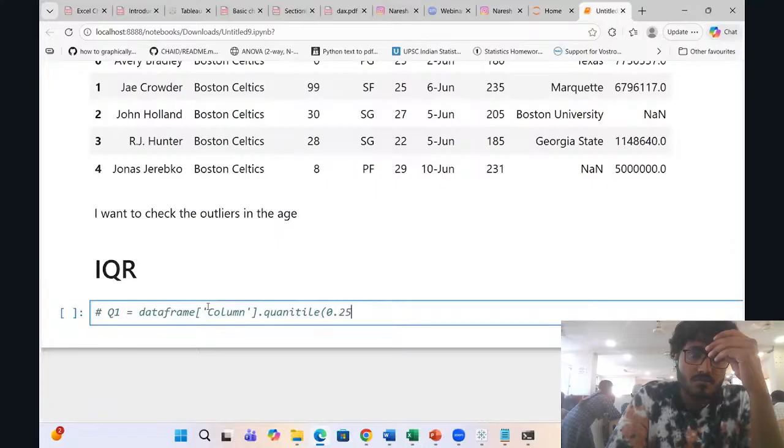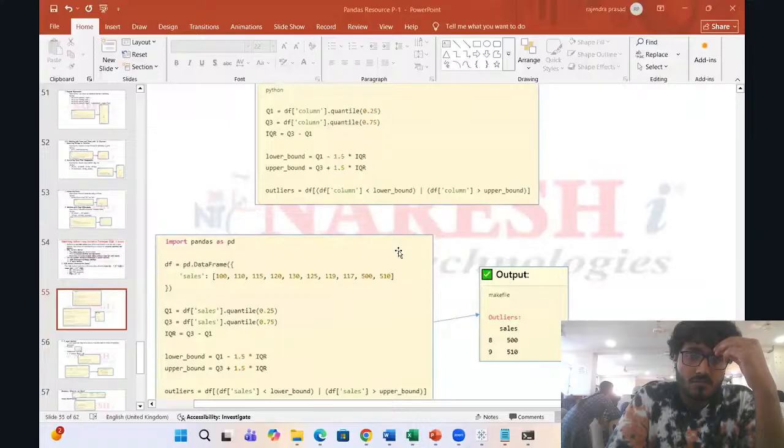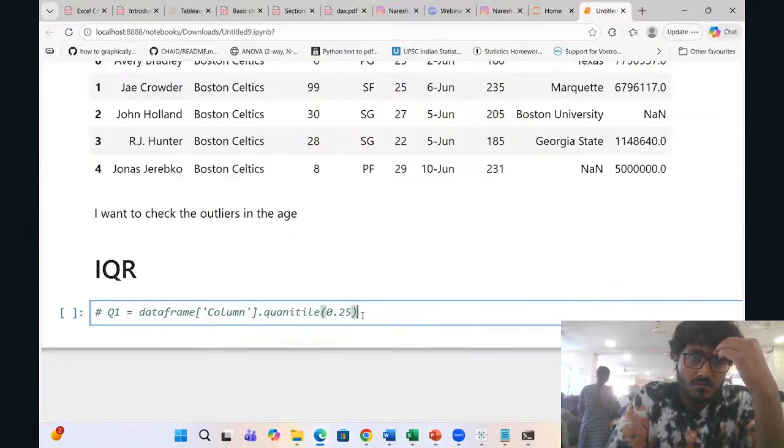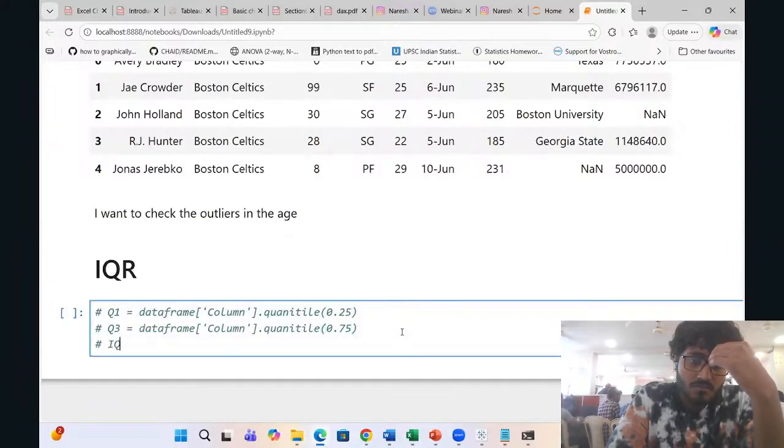See guys, same formula, I clearly added everything in the presentation file itself. You see quantile 0.25, which means 25 percent. In the same way, I want to calculate Q3. Q3 is equal to what? Same: the data frame and the column for which you want to find the quantile, and the value is 0.75. After that, you need IQR. IQR is Q3 minus Q1.